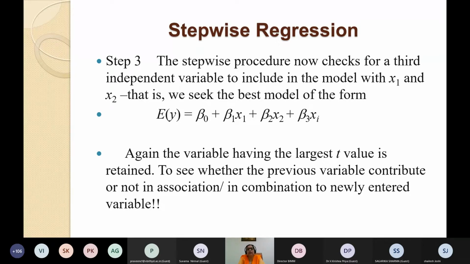And we seek to find whether the previous variable was contributing something or not in the association, or whether the combination of the newly entered variable and the existing variable is bringing the value of R square or the value of t a little higher.